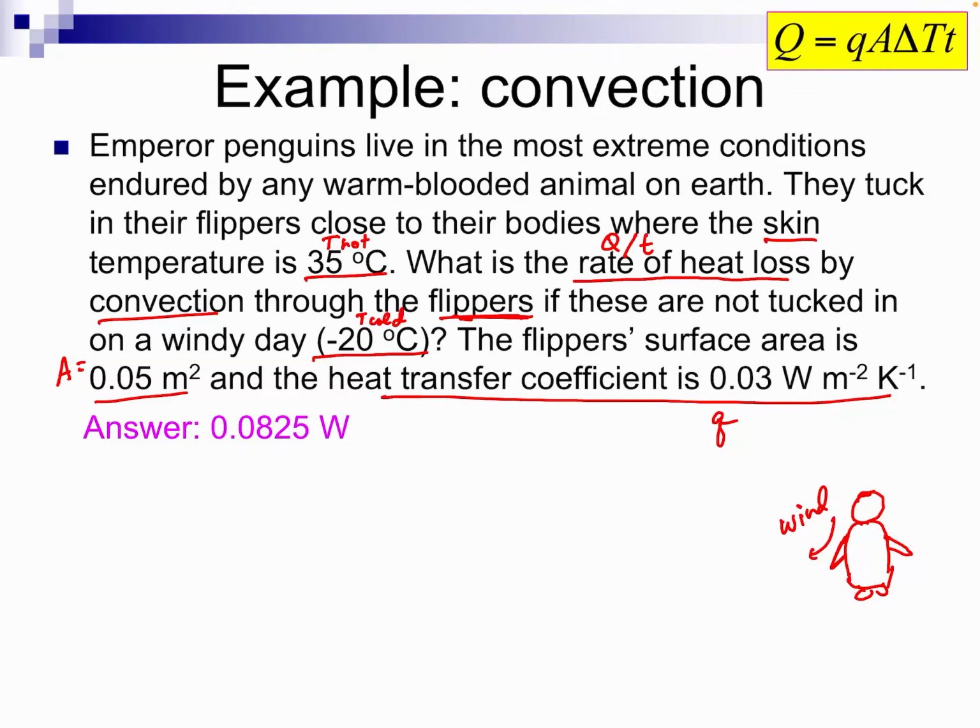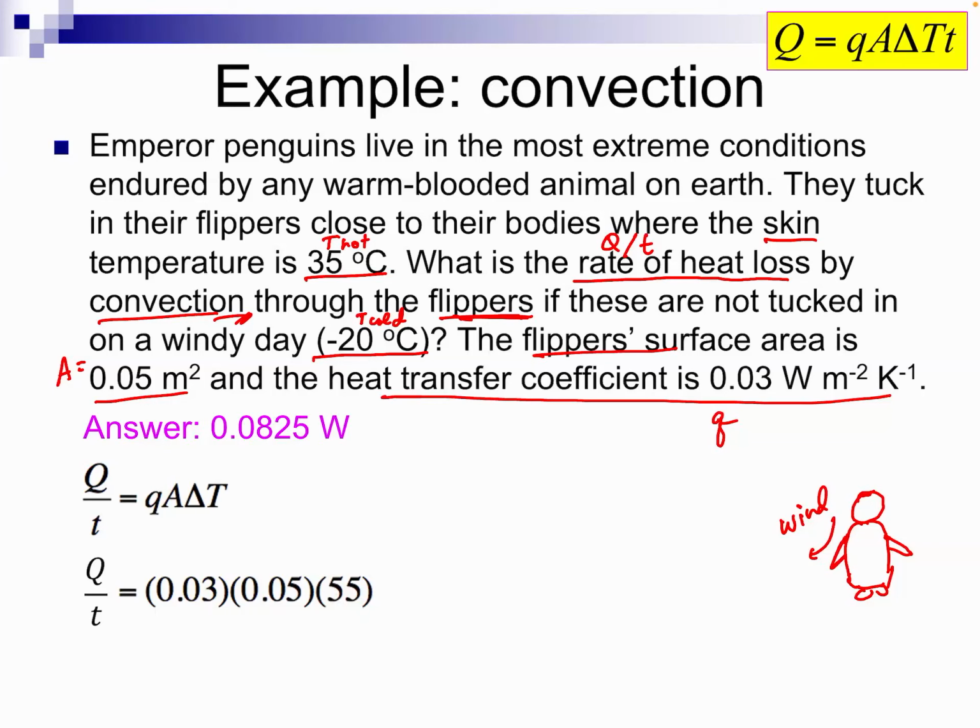But in this particular example, we're just wanting to find the rate of heat loss specifically by convection. In which case, it's a direct application of the equation because we've identified everything that's given. Q is given, 0.03 is the area of the flippers, because we're only after the heat loss through the flippers, and then the temperature difference.